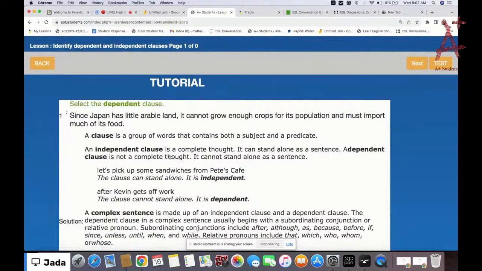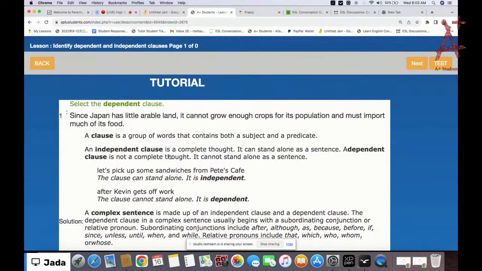Okay, so first of all, the lesson that we're going to go through is identifying dependent and independent clauses. We need to be able to identify them in a sentence. If you're not able to identify them, then there could be little problems in your sentences.